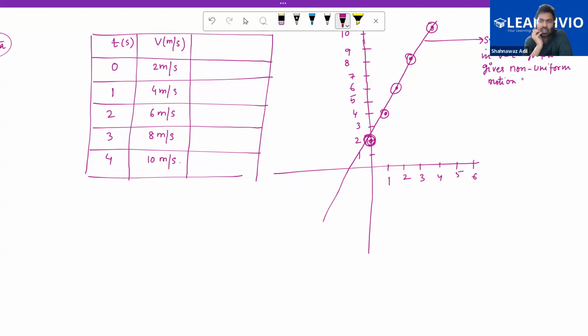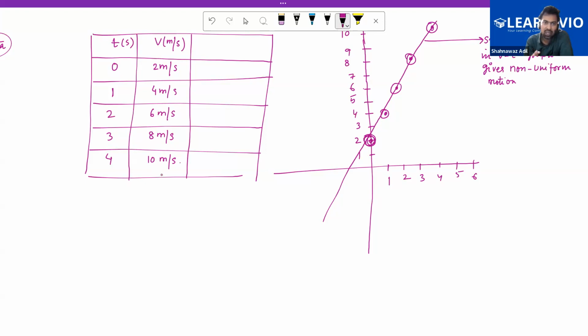Why non-uniform motion? Because speed is changing. You can see from the table that speed is changing. It is not 2 meter per second, 2 meter per second, 2 meter per second, 2 meter per second. So speed is changing. Clear?